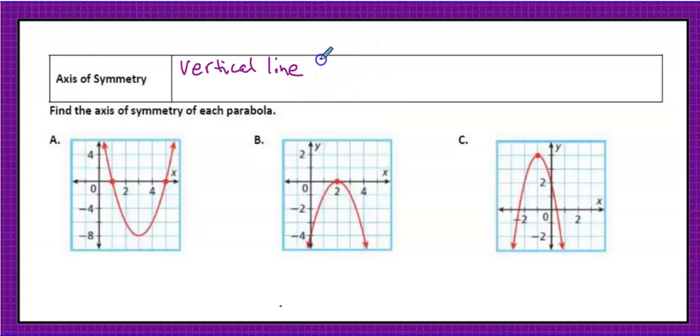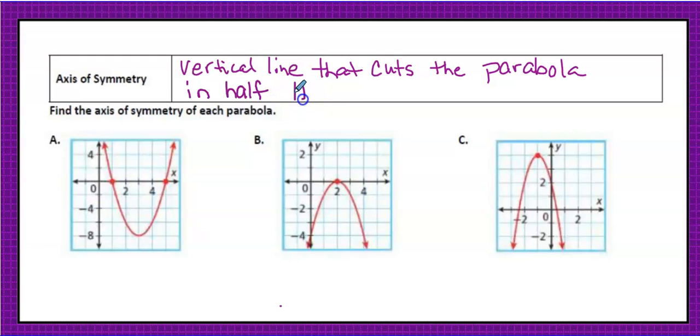A vertical line that cuts the parabola in half. And I'll give you a hint. It's always the x value of the vertex.